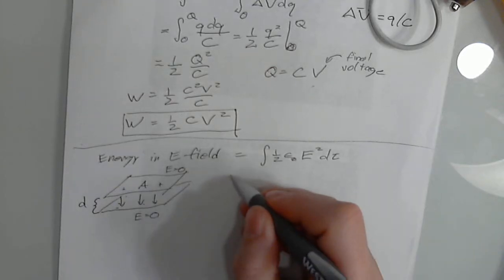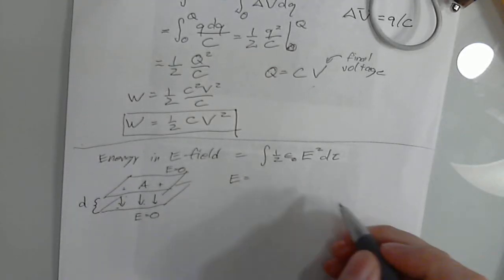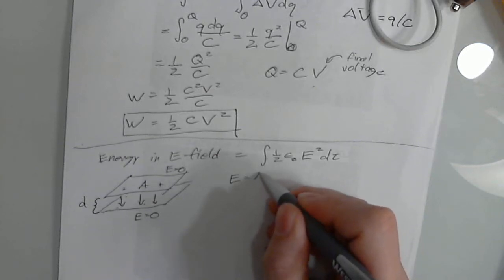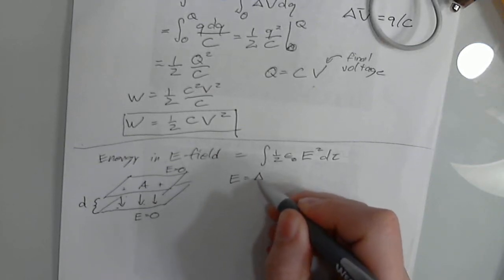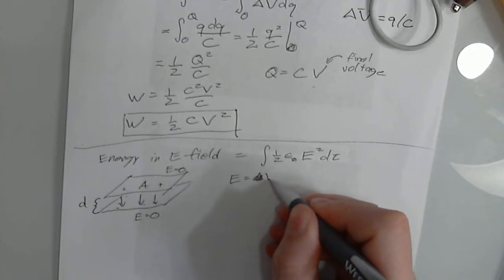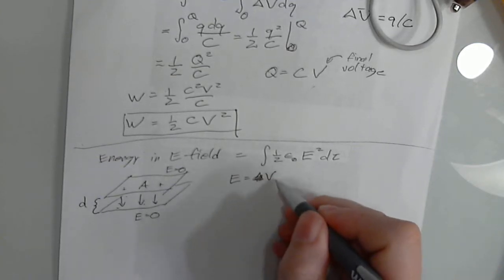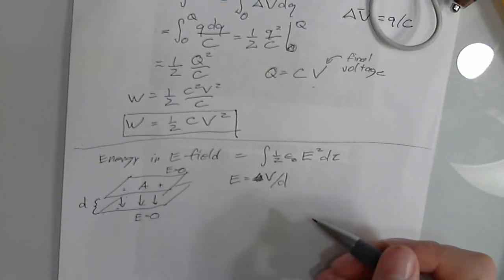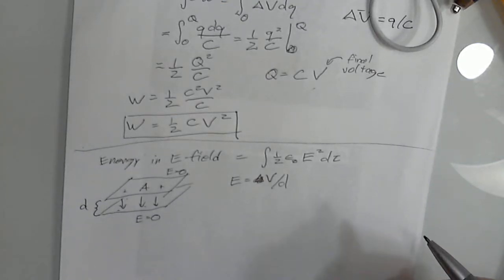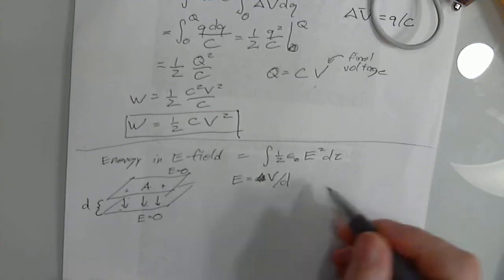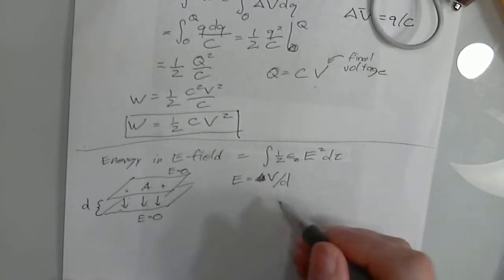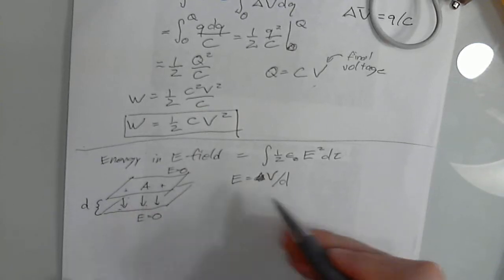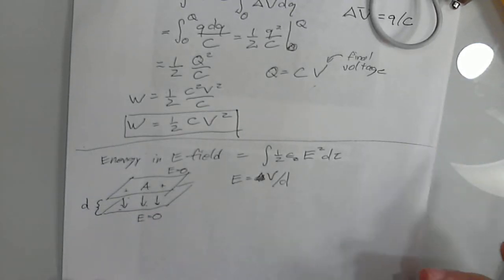And so the electric field is going to be equal to the electric potential difference, let's just call that V, divided by the distance over which that potential change happens, which is d. And the electric field is constant everywhere within that area.